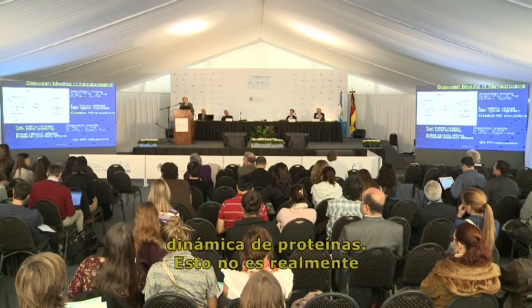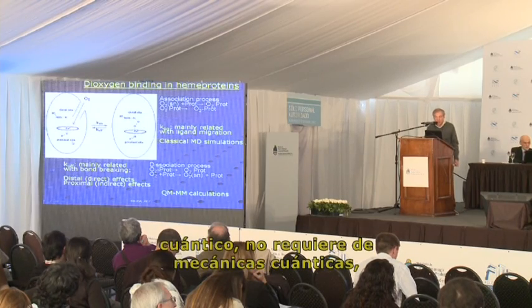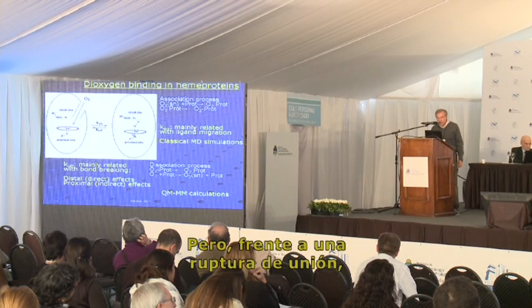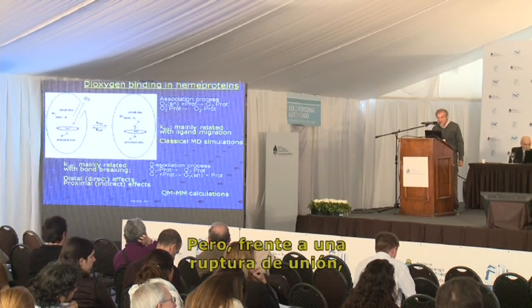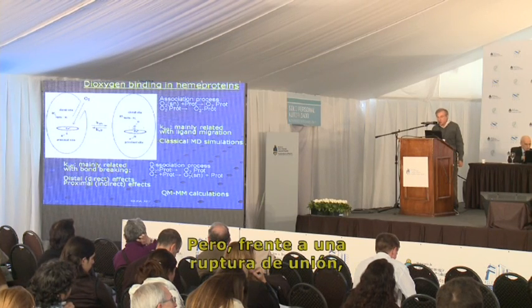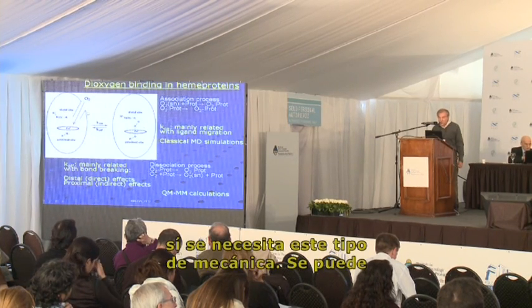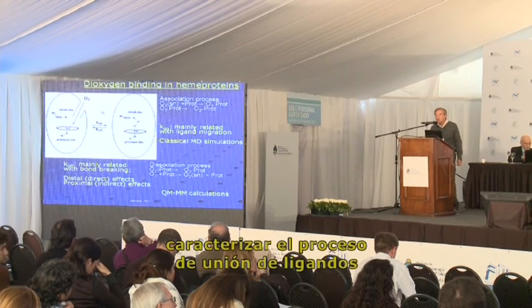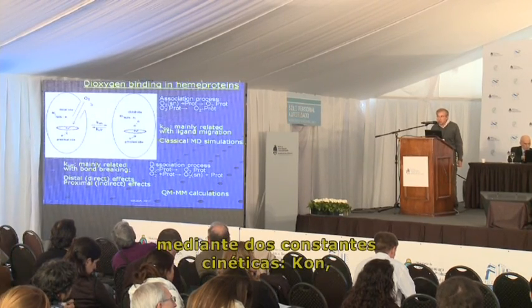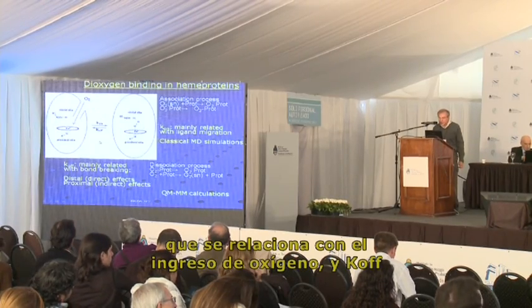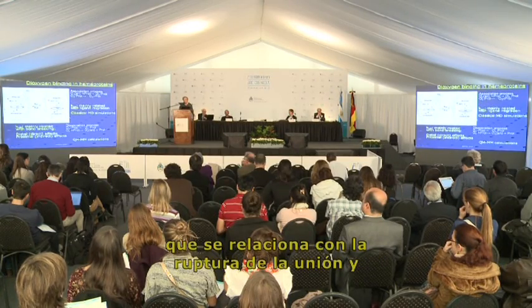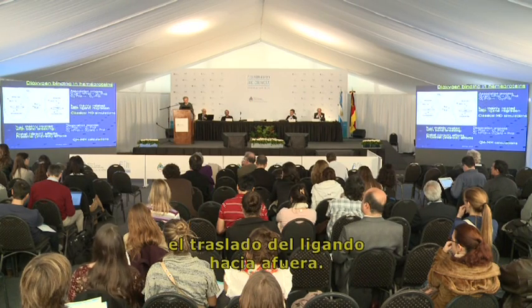It's not really quantum. You don't need quantum mechanics for that, but you do need quantum mechanics if you want to describe bond breaking. You can characterize the ligand binding process by two kinetic constants, K on, related to the oxygen entry, and K off, related to breaking the bond and taking the ligand outside.